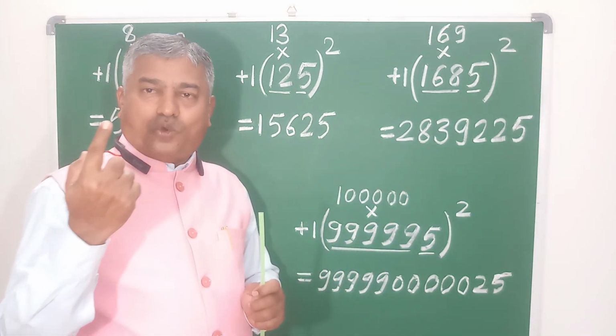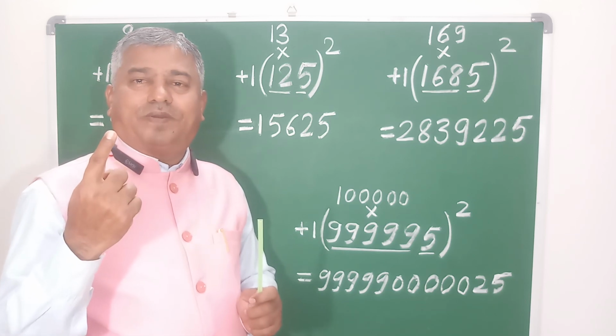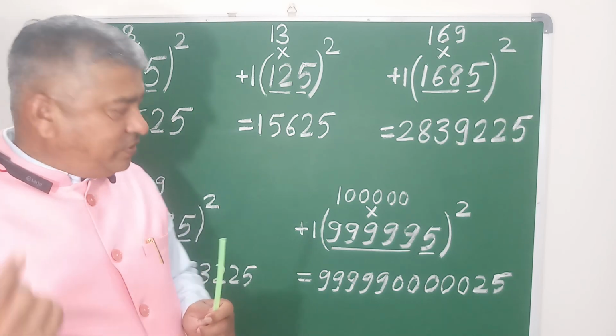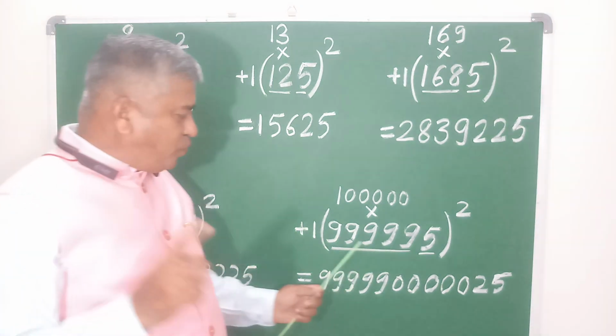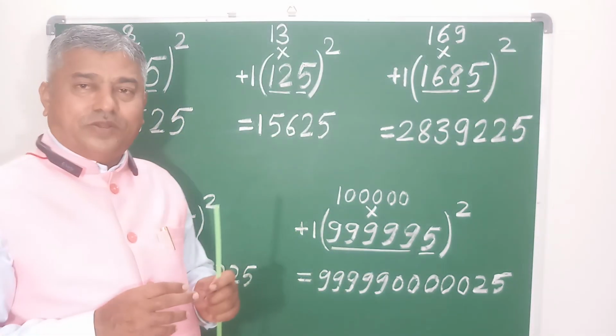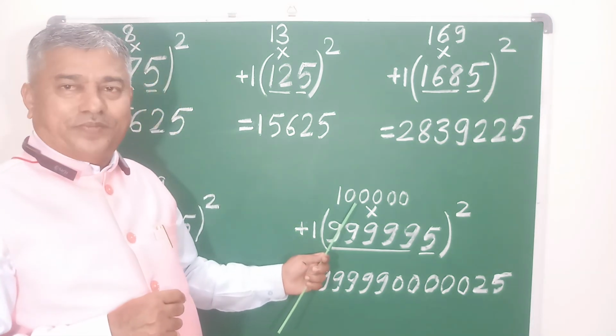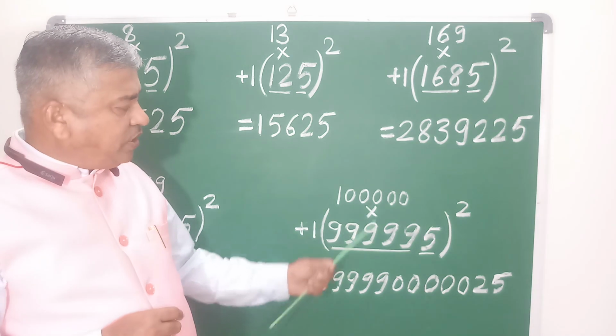One more than this number gives 1 lakh. See, by adding 1 to this number we are getting 1 lakh. Here is the second number. Now we have to do the product of these two.